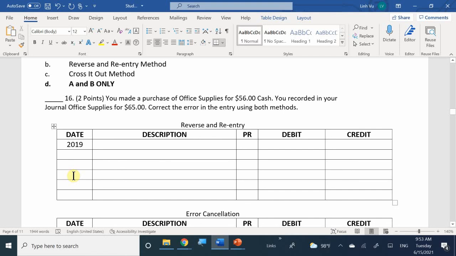Can I try it? Okay, cash for $9 debit and purchase expense for $9 credit.